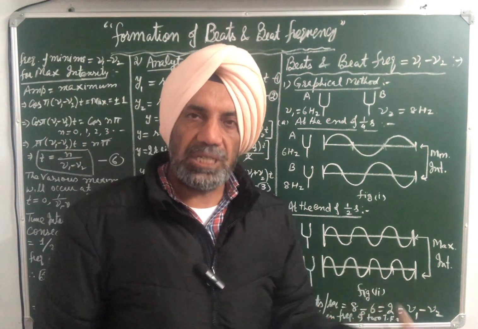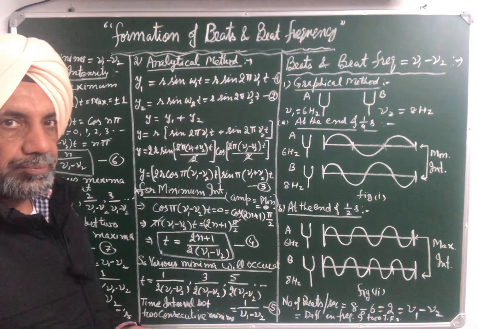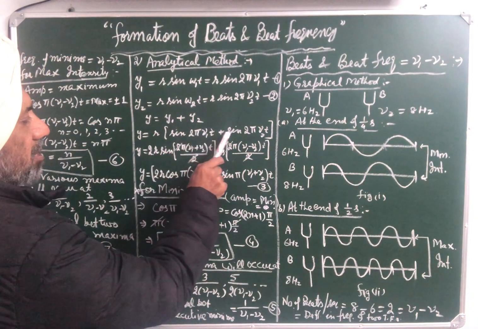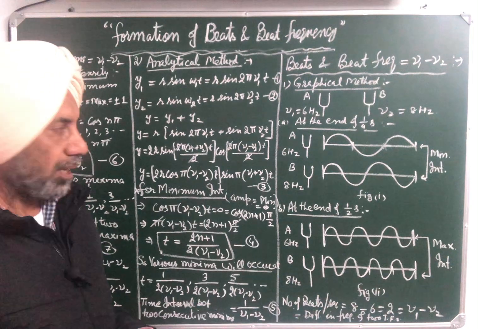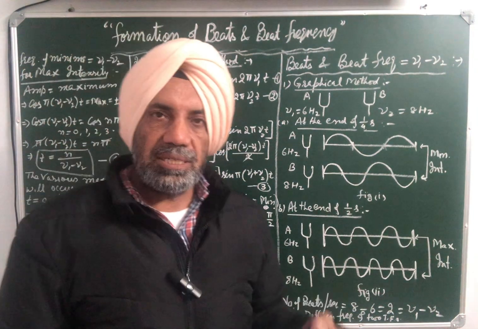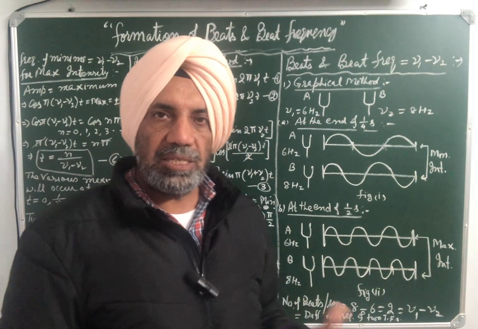When they superimpose upon each other, the resultant displacement is given by y is equal to y1 plus y2. Or y is equal to r, taken as common, times sin 2 pi nu1 t plus sin 2 pi nu2 t. This is sin C plus sin D. So sin C plus sin D is equal to 2 sin (C plus D) by 2 cos (C minus D) by 2.